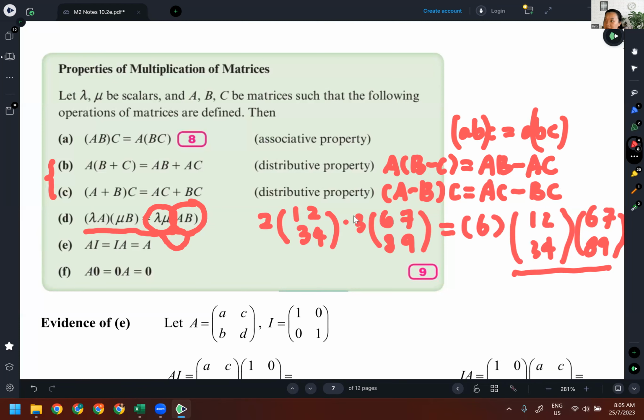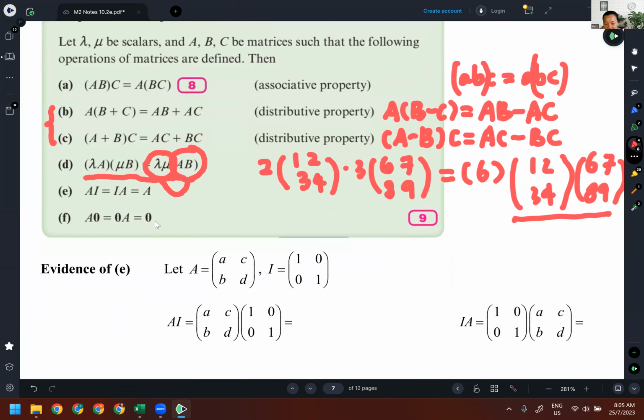You do this first, and then you multiply. That's the four properties explained. Now, pay attention, I didn't swap A and B. A is in front, then B. I do not swap them. I changed the order of the scalars. I put scalars first. I can swap scalars, but I do not swap the matrices.